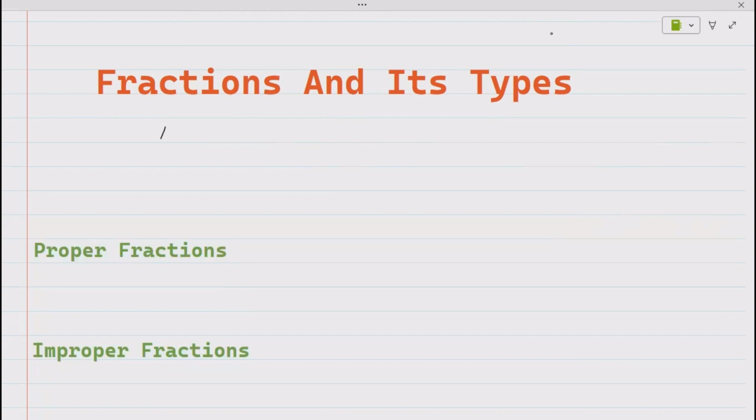Fractions are nothing but real numbers which can be written as numerator and denominator like this, P over Q, in a division form. So the P, i.e. the number which we write above, is called the numerator, and the number which we write below is called the denominator.